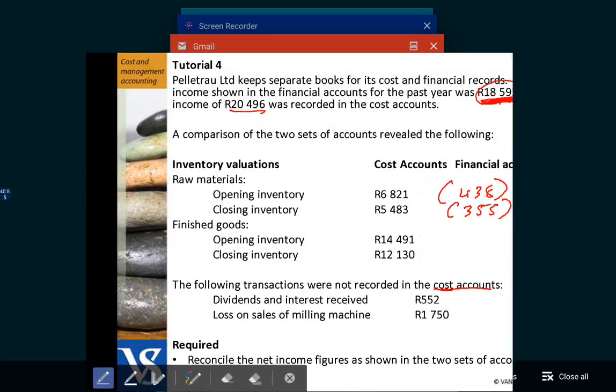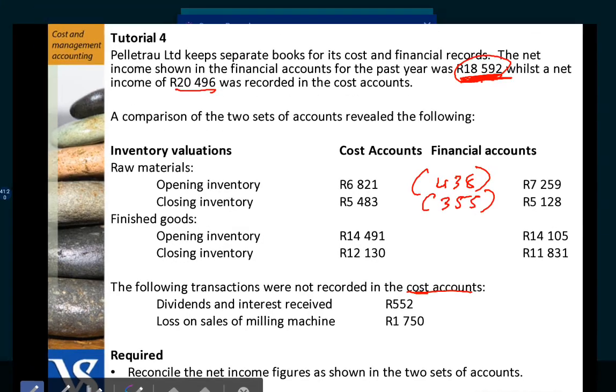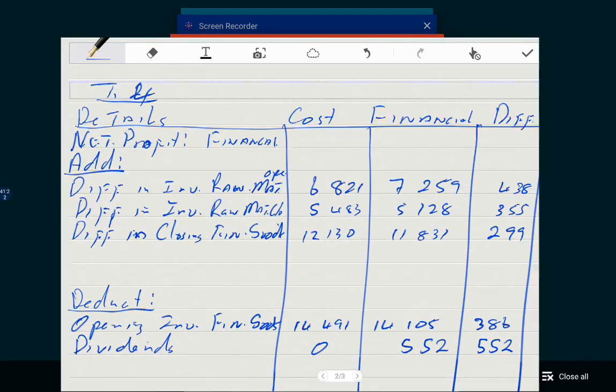Then the next one is a loss on sale of milling machine, 1,750. So this is a loss. What they've done in the financial accounts, they've recorded this as an expense and it reduces their profit. So we need to add that one back, so to speak, because we don't have it on our side. We said, okay, you've got a minus that we didn't minus.